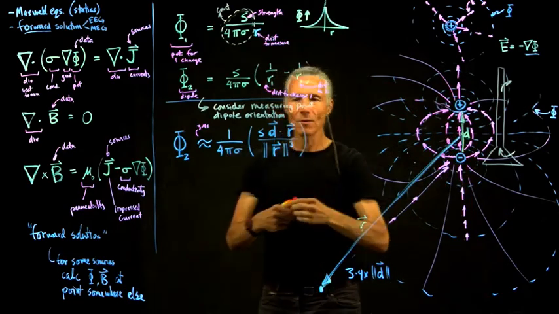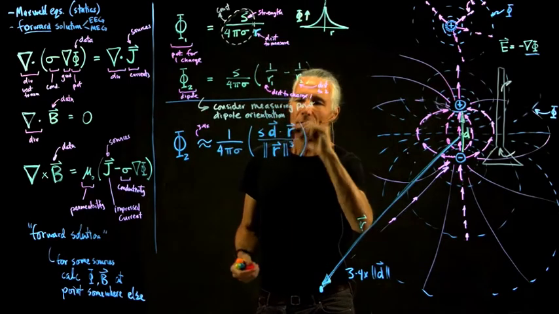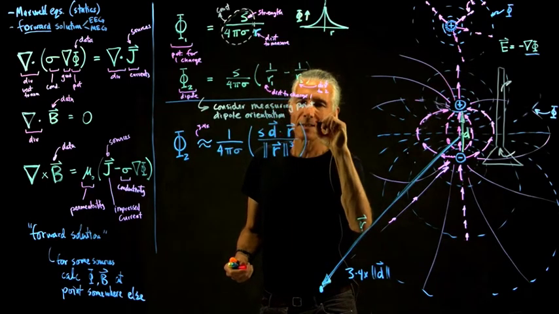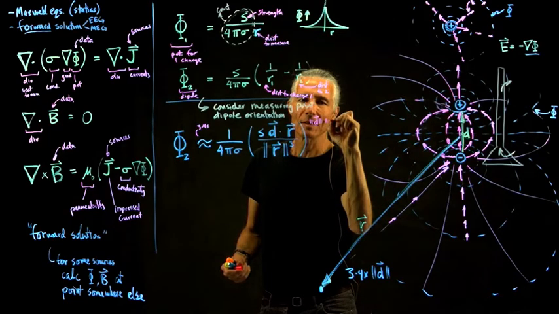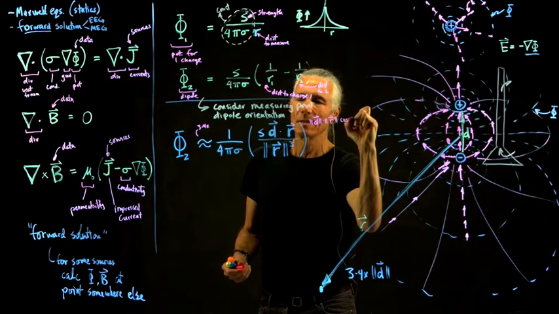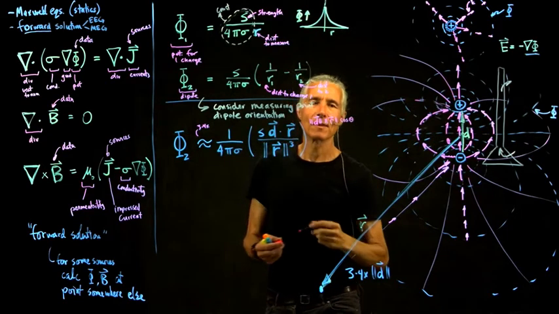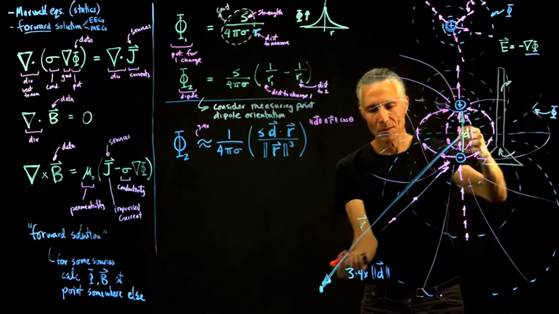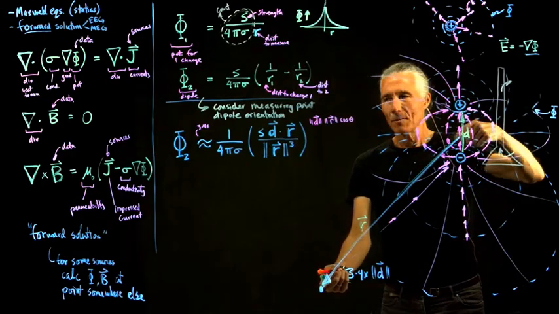Now remember, you could always rewrite the dot product as the length of the d vector multiplied by the length of the r vector, and then multiplied by the cosine of the angle between them. So let's do it for this one. Remember what the dot product does.